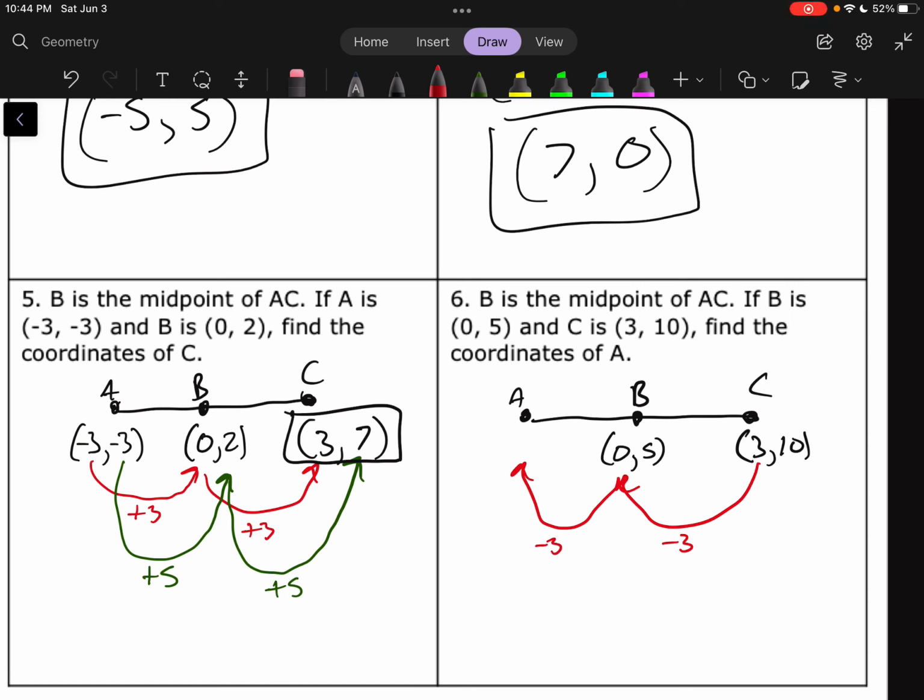So subtracting 3 again, 0 minus 3 gives me -3 for A. To go from 10 back to 5, we got to do -5. -5 again. 5 minus 5 brings me back to 0. So A would be at (-3, 0) on this one.